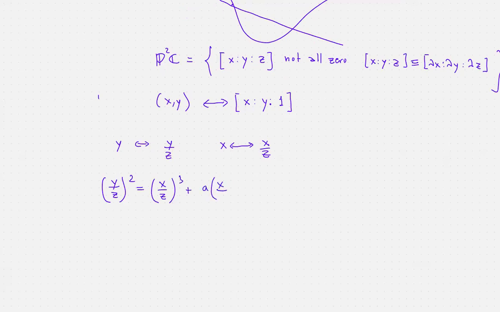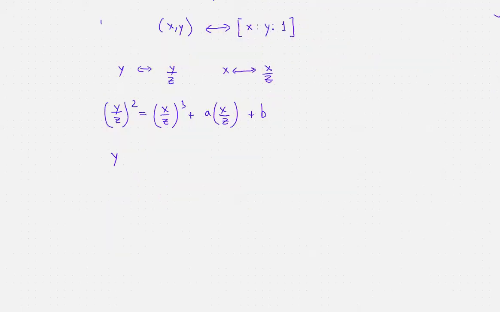If we multiply through by z cubed, we will get the equation y squared z is equal to x cubed plus ax z squared plus bz cubed. And what is interesting about this form of equation is that a new point that was not identifiable before in the classical setup emerges.